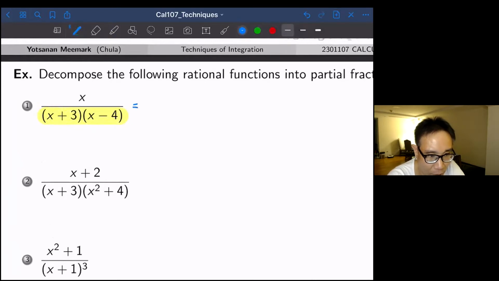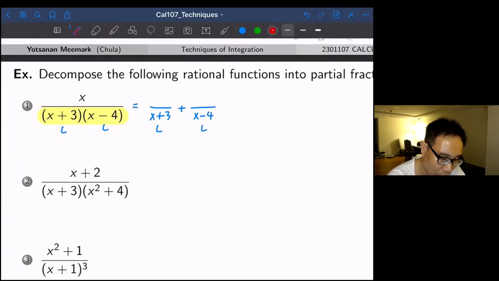For this one you have linear and linear, so it's going to be x plus 3 and x minus 4. You see that this one is linear and this one is linear. So on top it turns out to be two constants, A and B. It's just a constant on top.